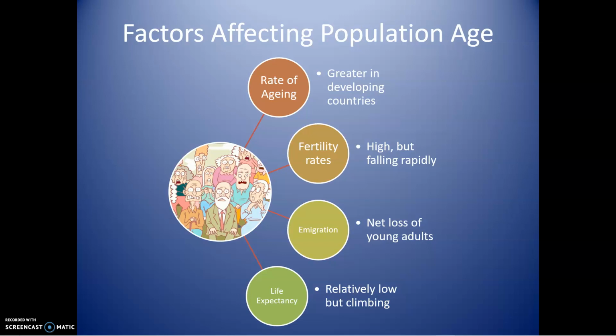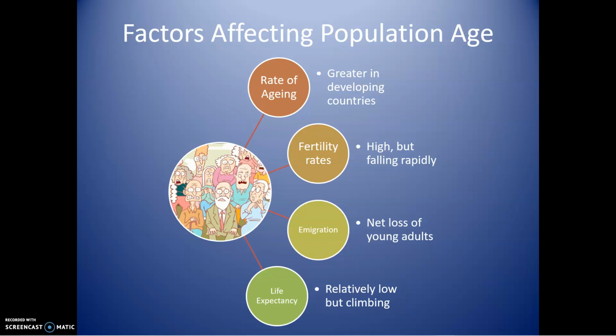Fertility rates are still high in the developing world. However, they are falling and falling rapidly. And this rapid fall in fertility rates corresponds with a fairly fast rise in mean age in these populations as the percentage of people in the youngest age groups is falling.